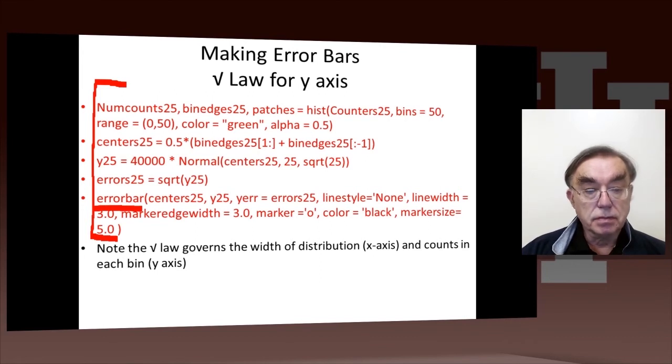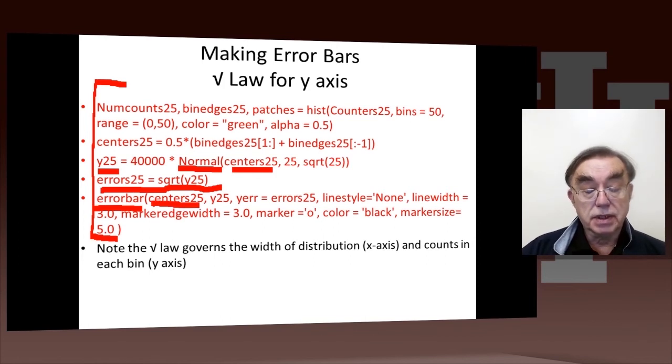We already showed how we got the red curve, which is y25, the normal distribution times the number of events at the bin centers, and here are the errors, which is just the square root because the y's are events, and we get the error bar by plotting it at the center.